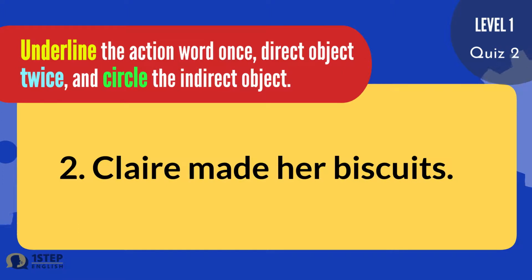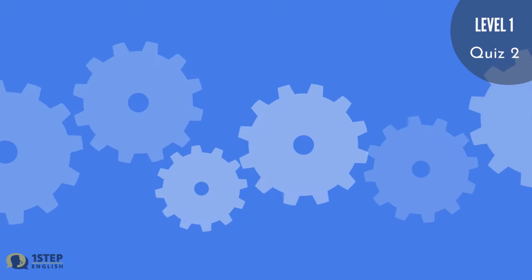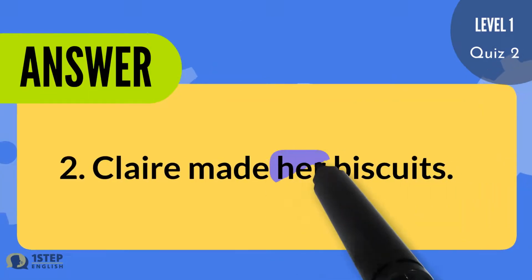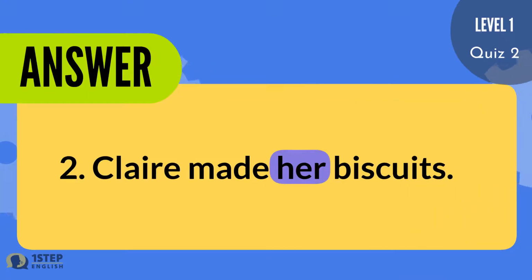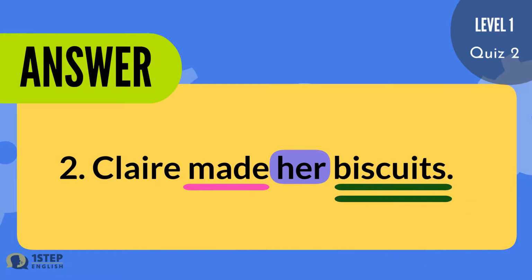Number 2. Claire made her biscuits. Her is the indirect object. Made is the action word. Biscuits is the direct object.